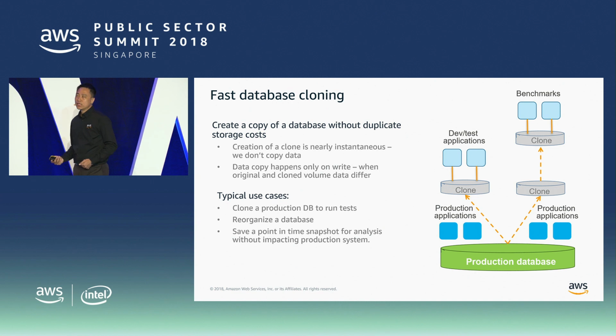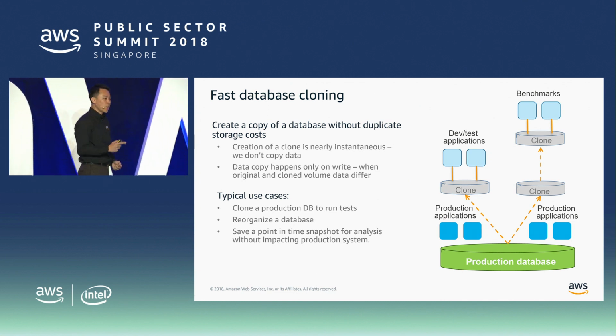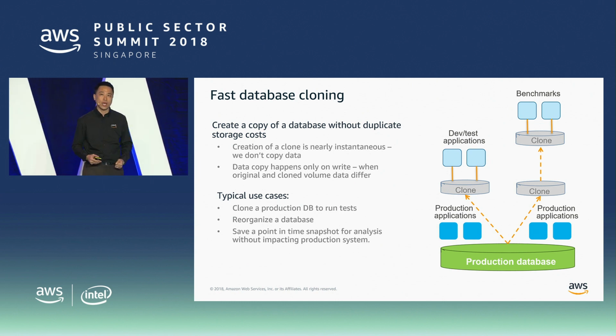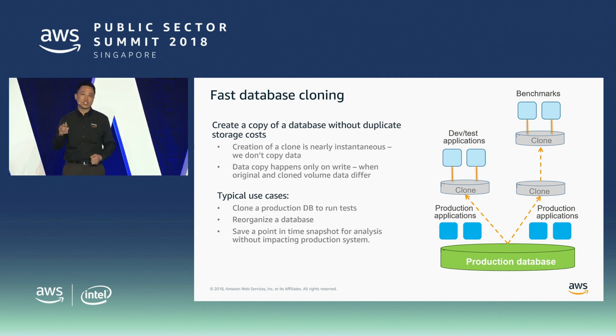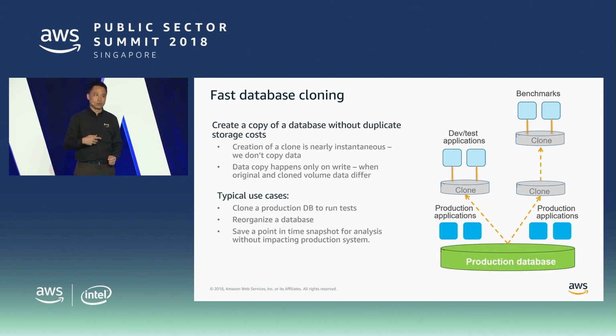With the Aurora database, we also include some advanced features which are not very common if you run an on-premises database. That includes fast database cloning. Remember, as I mentioned, we split the processing engine and the storage engine into two different tiers. And then we also make use of the EBS snapshot to help our customer replicate the data.